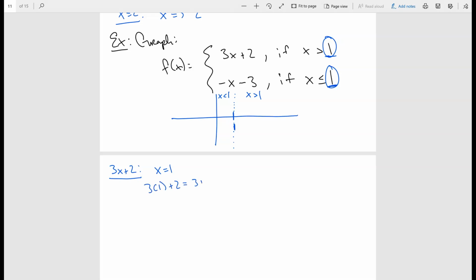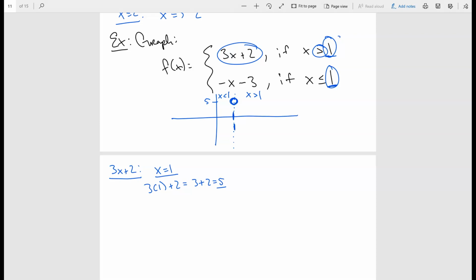That's going to give me 3 plus 2, which gives me 5. So at x equals 1, I get a 5. Let's say this is 5. Now, at this point, is this included or not included? It is not included, so I'm not including it. So there's a big fat circle there.